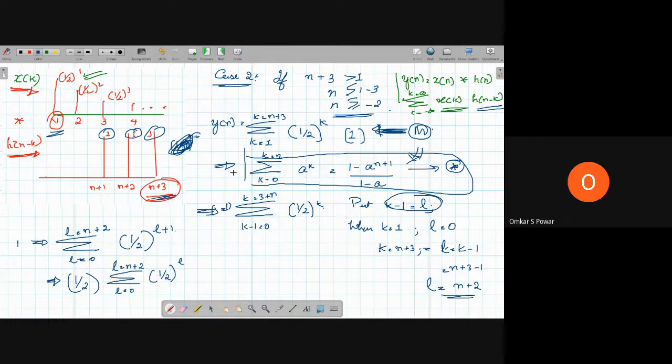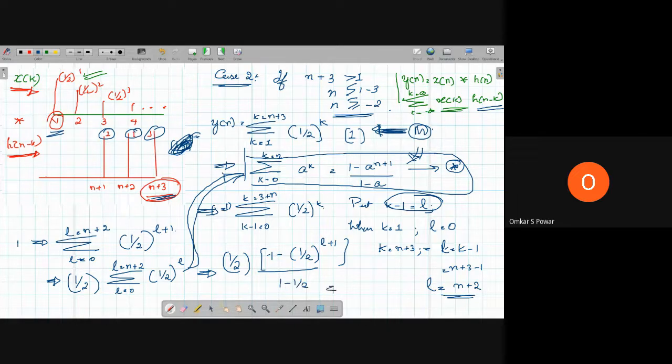Now apply this formula here. So what will you get? Half outside, then 1 minus a power n plus 1 divided by 1 minus a.